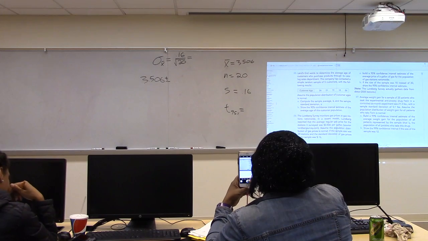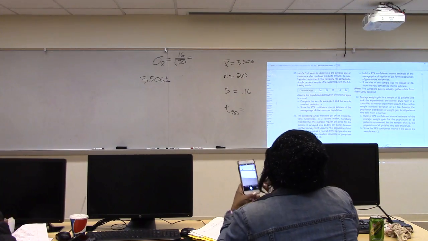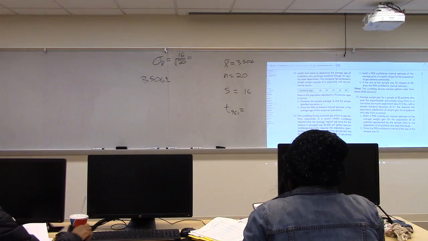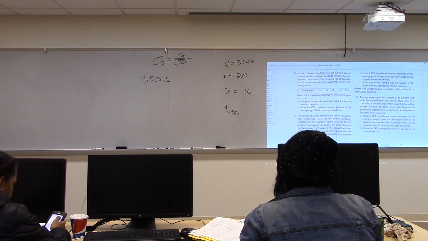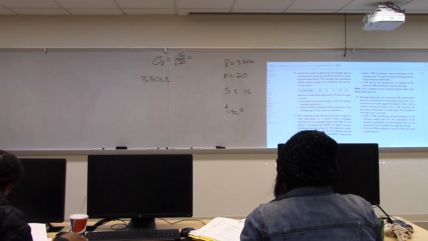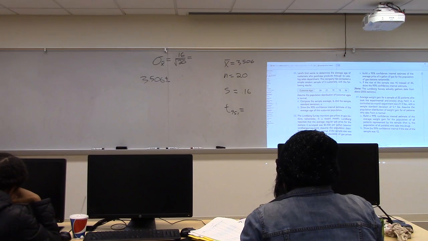Now, on TT, how can you determine, for the 95%, do we do it the same way we did it? Yeah, so 95%, how much area is going to be in each tail? So it'll be 2.5, 2.5. You're going to get around 5% of the time, 2.5% down here, 2.5% up here. And so we end up with 2.5%? Yeah, because we have to use TT, right tail area. Right. Yeah, that'll remind you.